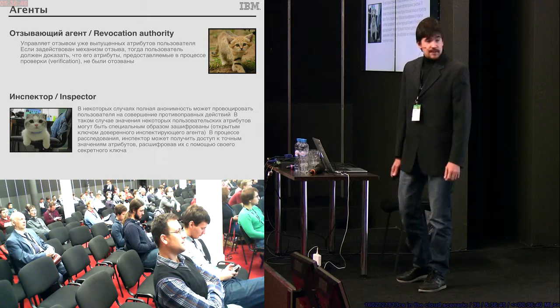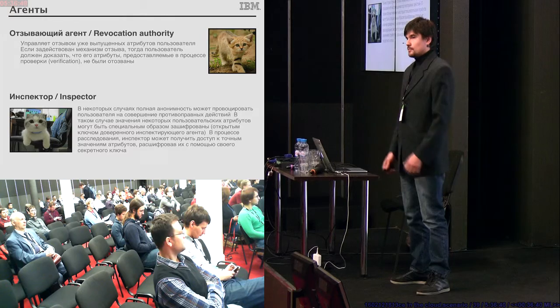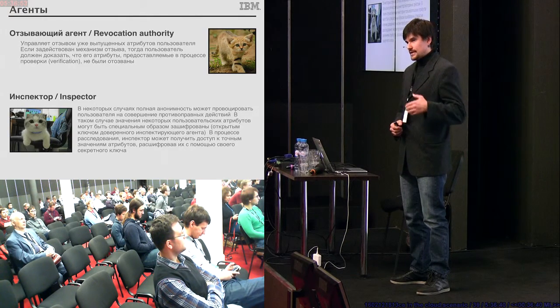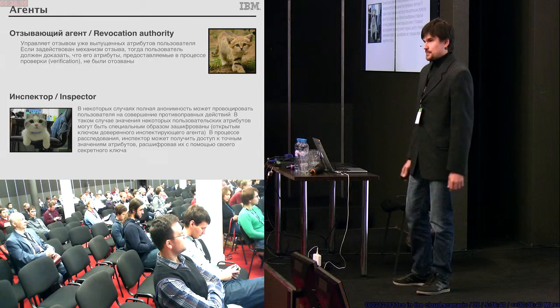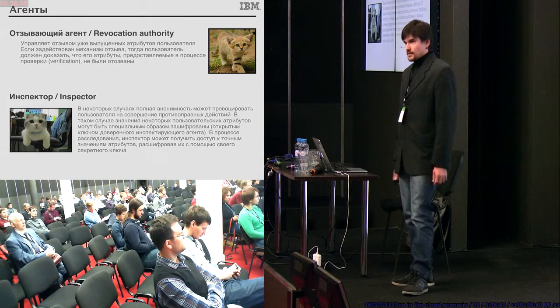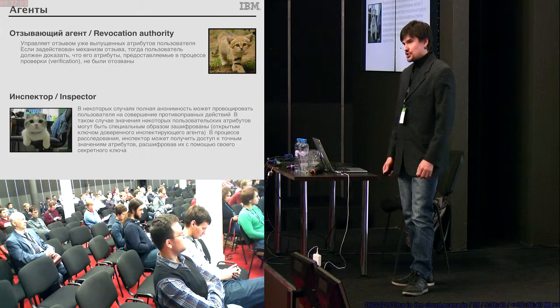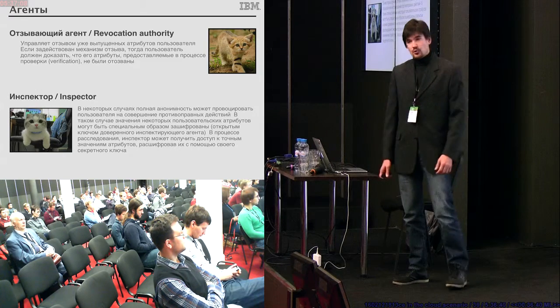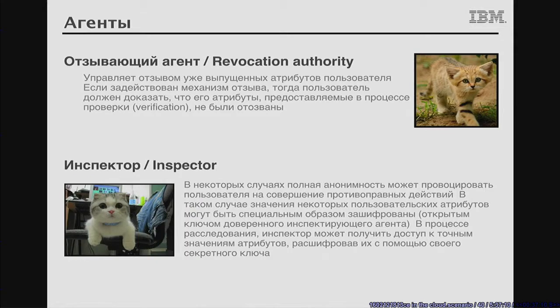And we have an inspector. An inspector can get exact data for investigation. This data can be encrypted with a key of the inspector, and then the inspector, in case of investigation, can use its key to get access to the data directly. No one but the inspector can do that.